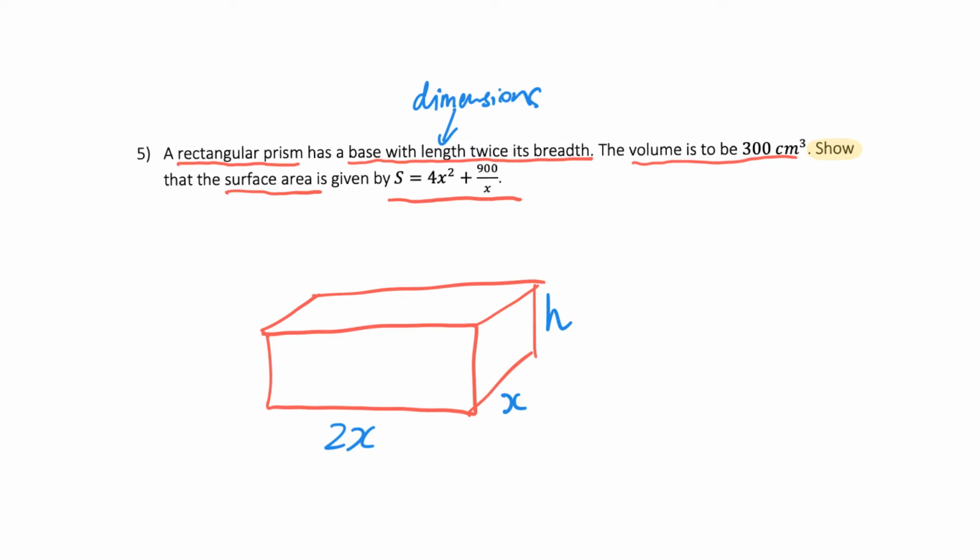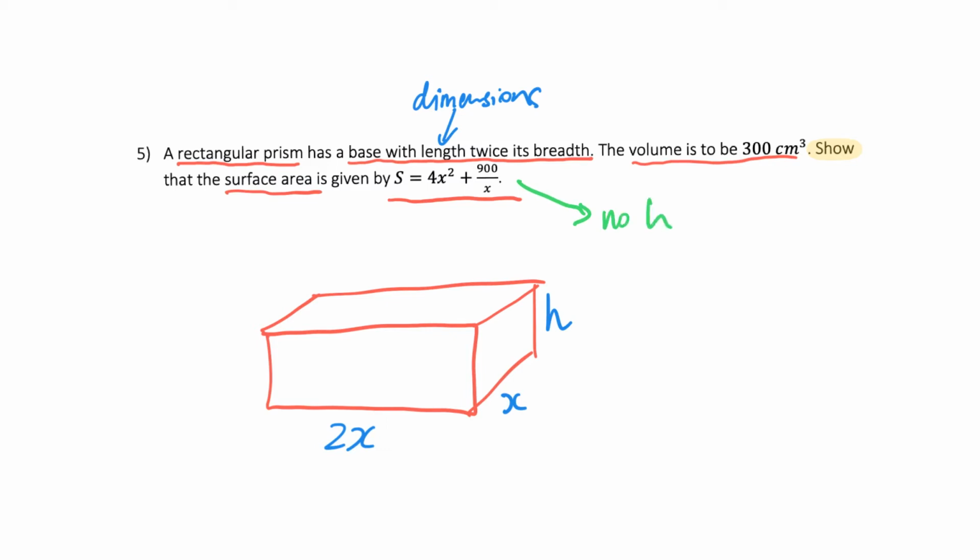Just before we do that though, I'm just going to pay some close attention to this back end part of the question, that surface area formula. What letter is in our picture that's not in that formula? Yes, that's right. There is no h.